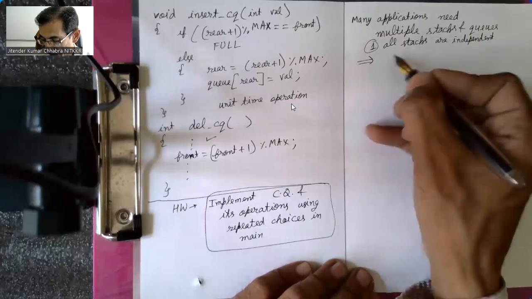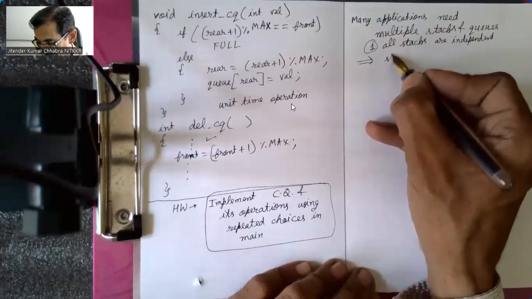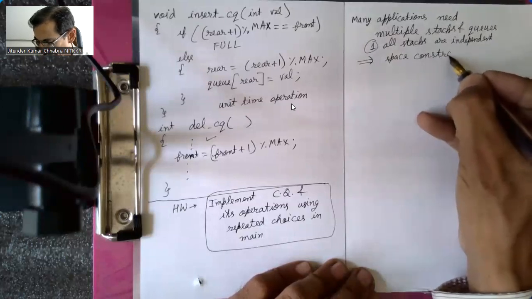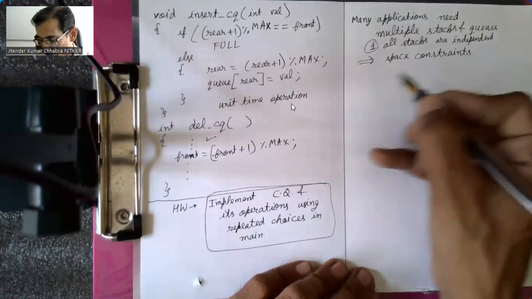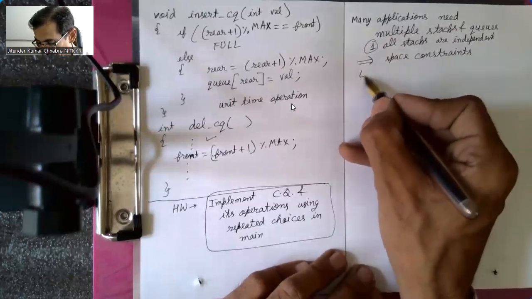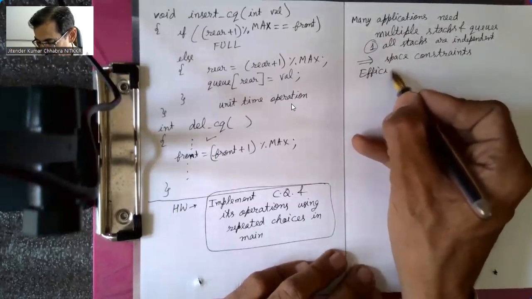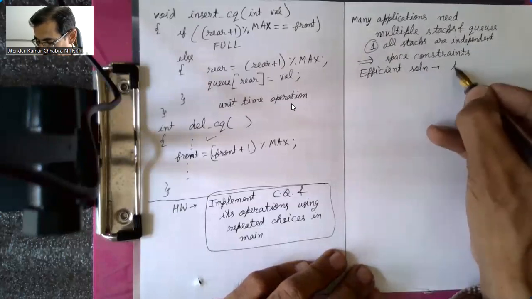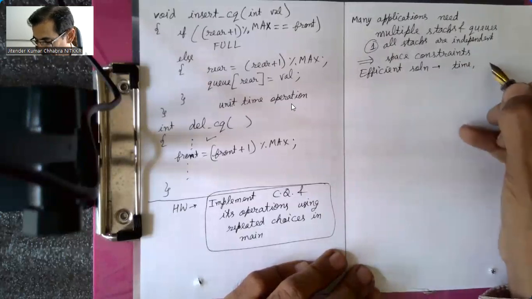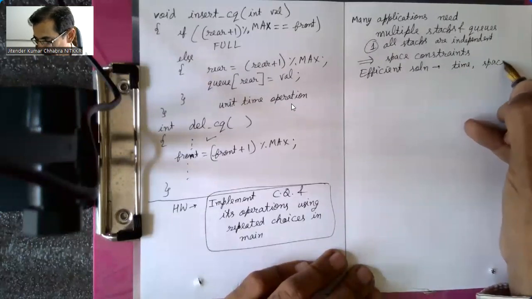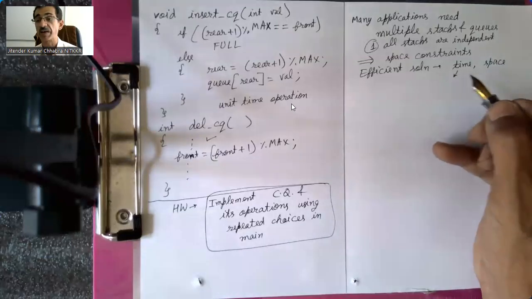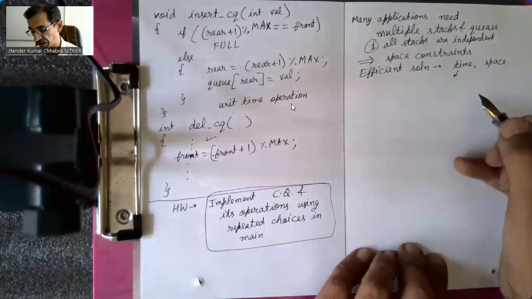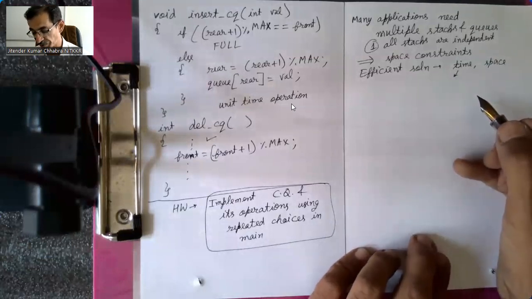But sometimes we might have space constraints. Space constraint means memory constraints, and we want an optimal solution. So sometimes we want an efficient solution, and efficient solution primarily always means time to be efficient, space to be efficient. Time, of course, we are already saying unit time operations, so that is the best, and we should try to keep the operations always unit time.